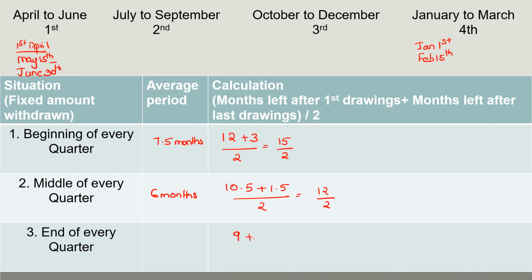And for the last quarter, the fourth quarter, the withdrawal will be made on March 31st, the end of that quarter. So it is 0 months. So 9 plus 0 divided by 2, you get 9 by 2, or it is 4.5 months. So hope that is clear related to the quarter concept.